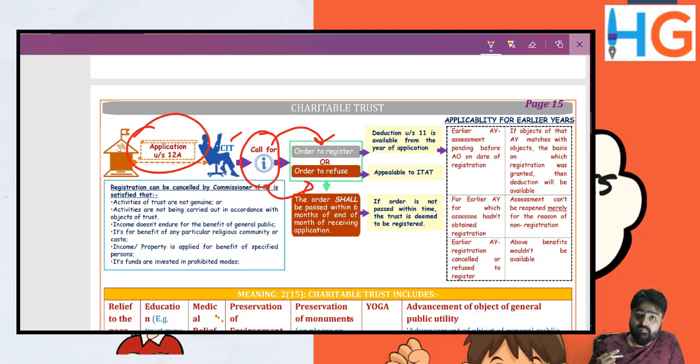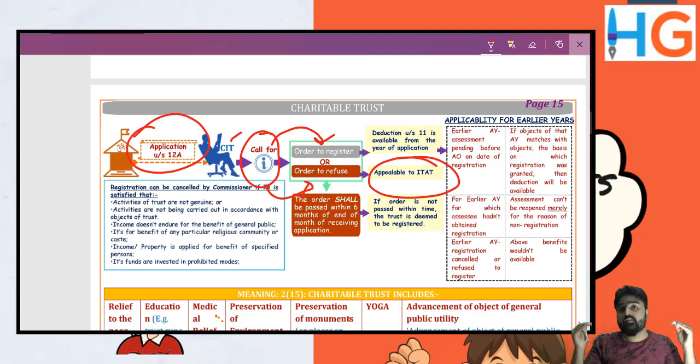If the order of refusal comes, the CIT is not the highest authority. Against the order of the CIT, the assessee can go for appeal to the ITAT, not to the CIT(Appeals), because the CIT and CIT(Appeals) are at the same level. So against the CIT's order we will not go to CIT(Appeals) but to the ITAT.